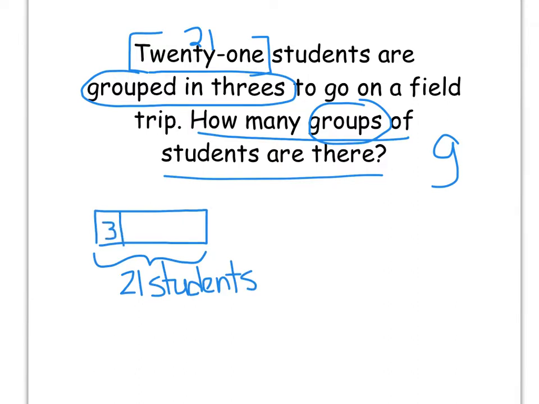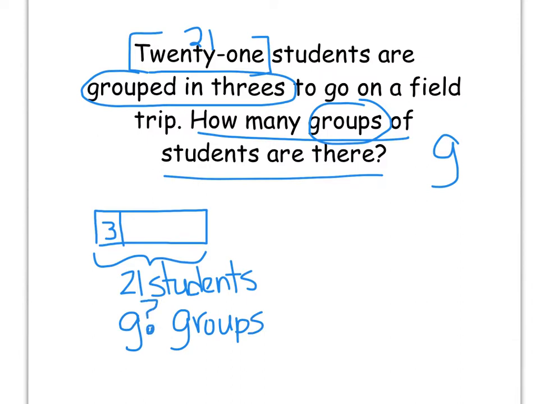So there's one group. I can't continue making groups of 3 because that's what I'm trying to find. I'm trying to find out how many groups of students there are. So I'm going to write G for groups, the number of groups, question mark.